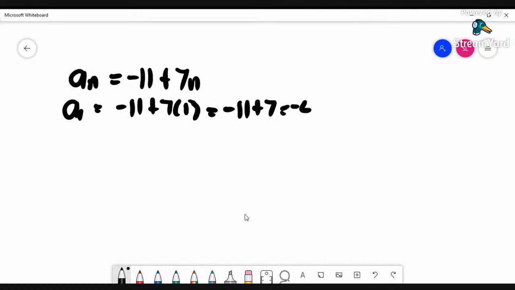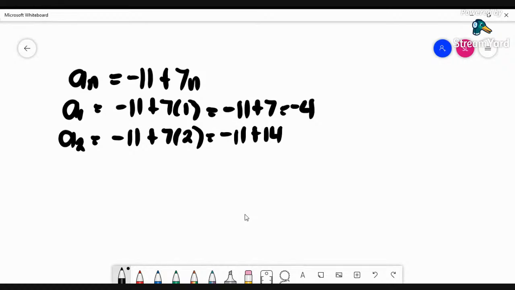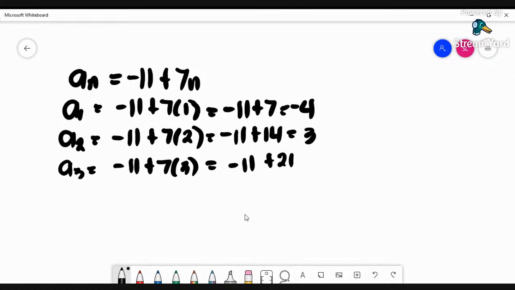So that is negative 4. Next, for a sub 2, that's negative 11 plus 7 times 2, which is negative 11 plus 14, which is positive 3. And a sub 3 is negative 11 plus 7 times 3, that is negative 11 plus 21.